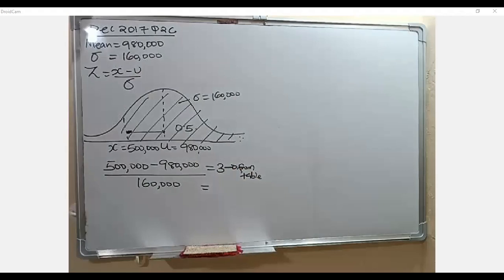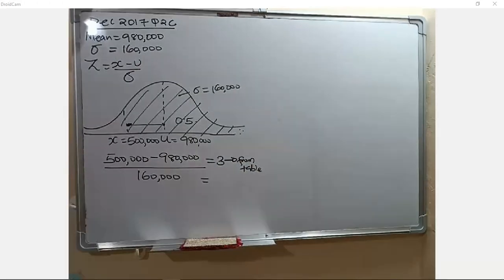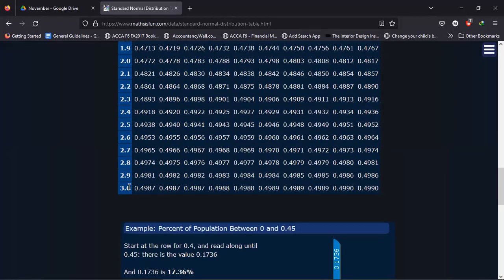So that is 3. In this case, I go to this table of mine and check where the 3 is. Our 3 is here, 3.00, with the 0.00 here, which is equal to 0.4987.